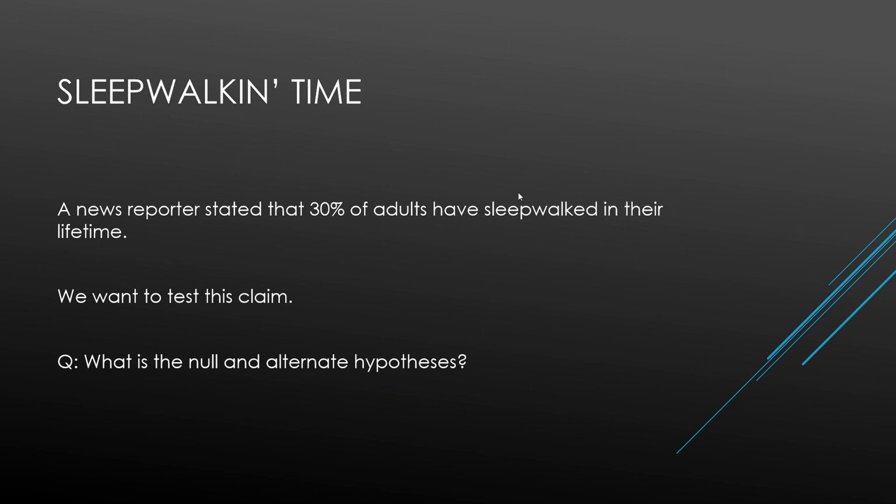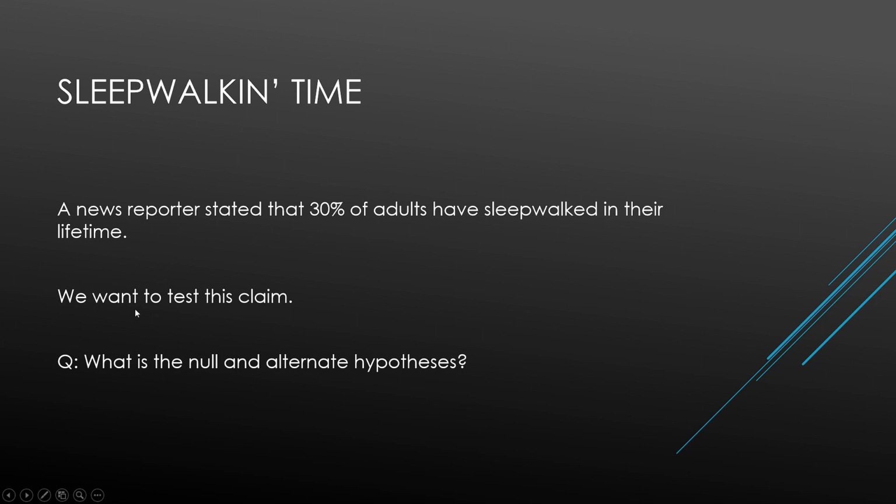Another example for you here. A news reporter said that 30% of adults have, at some point in their life, sleepwalked. So we want to test this claim. And this is actually going to be something we will work through this entire series. So at the end of every part, I'm going to come back to this example. 30% of adults have sleepwalked in their lifetime.